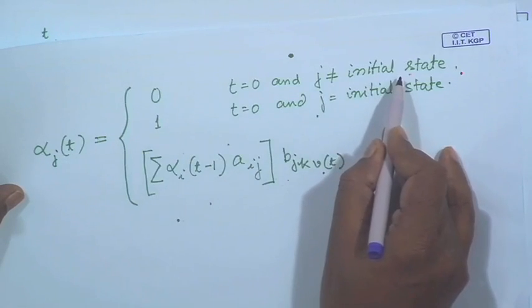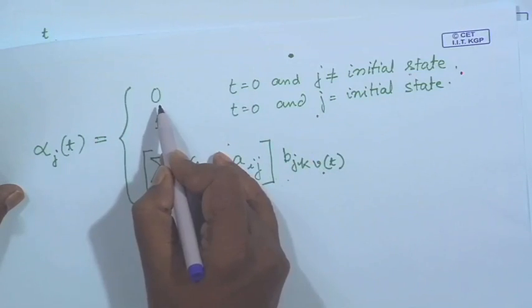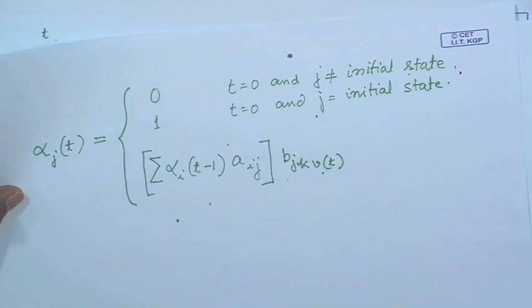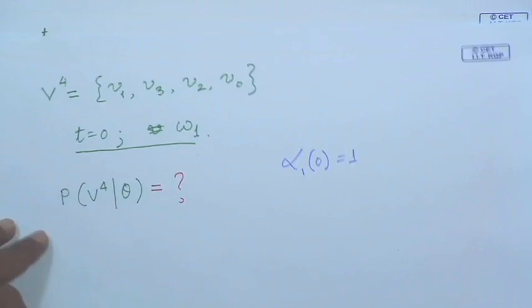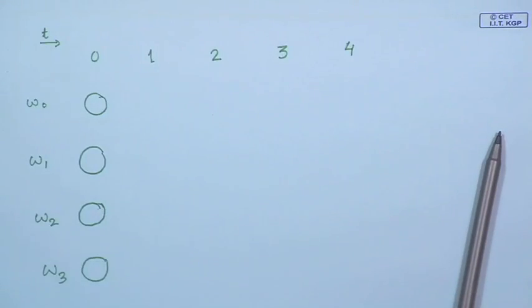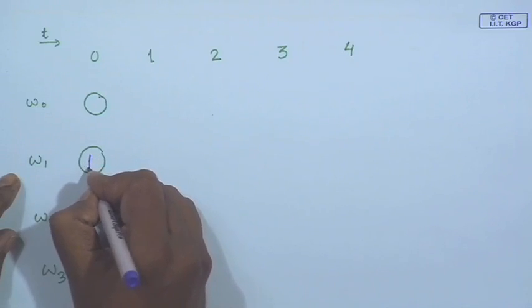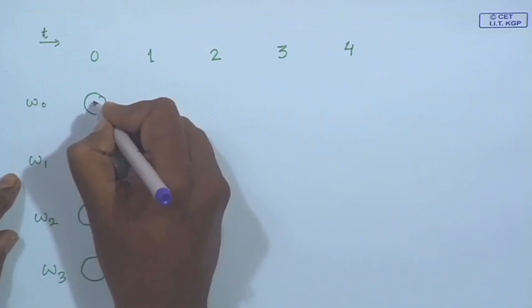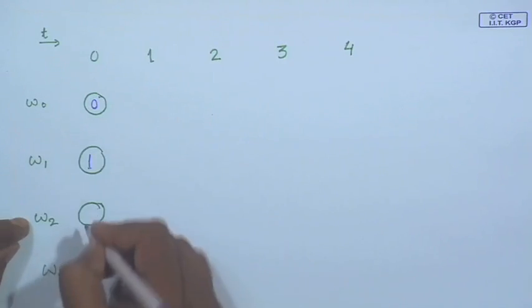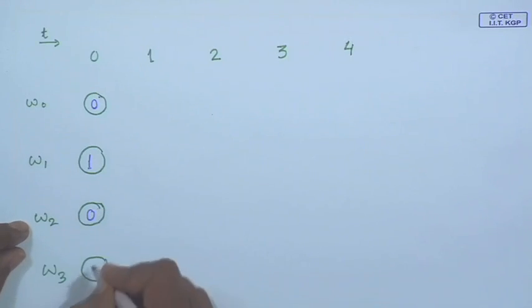If it is not an initial state at t equal to 0, then alpha_j(t) is equal to 0. So, going by this definition, as I have assumed that at t equal to 0 the machine is in state omega 1, I have alpha_1(0) equal to 1, alpha_0(0) equal to 0, alpha_2(0) equal to 0, alpha_3(0) equal to 0. So, these are the initial states that I have.